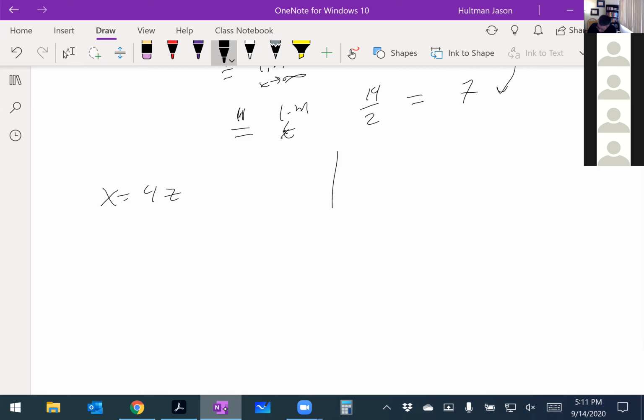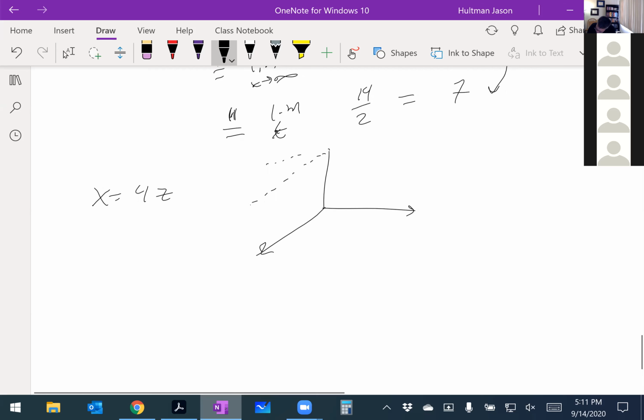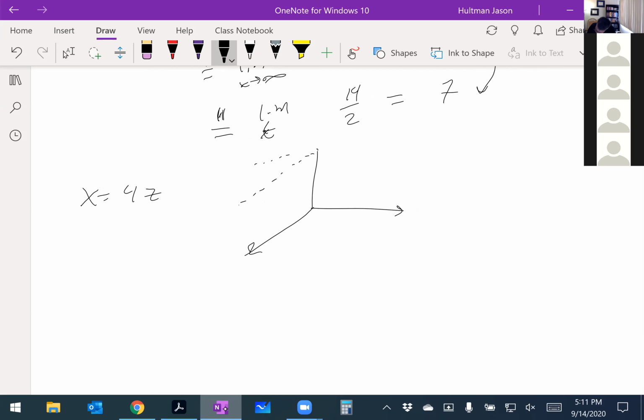So what is that going to look like in 3 space? That's going to be on the xz plane, right? What's the xz plane here? It's this guy here. So for every 4 I go out in x, I go up 1.